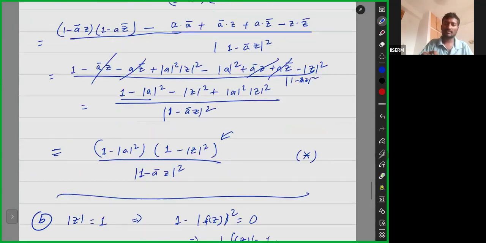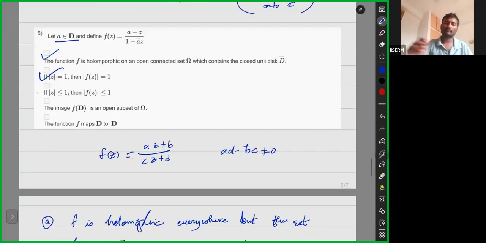So part C is also correct. Boundary is going to boundary, the second part implies interior is going to interior. The third part is implying the image of D is an open subset of omega, because the function is non-constant, it is open because of the open mapping theorem.